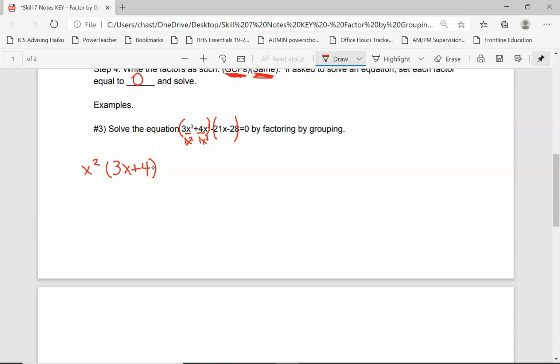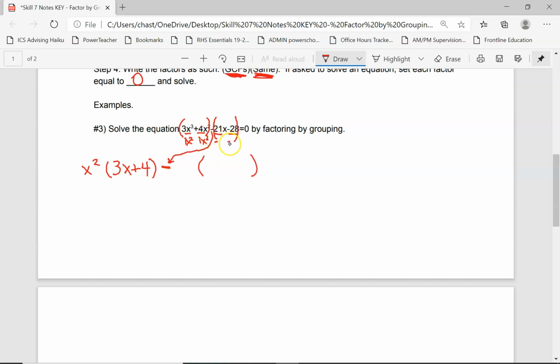Now, before I get started with the next part, just know that we have a minus sign in the middle, so bring that down. And I'm going to give you a little hint. This group, you want it to end up being 3x plus 4. So think about that as you're trying to decide what to divide these by. Please note that when you bring that minus sign down, you're factoring out a negative.